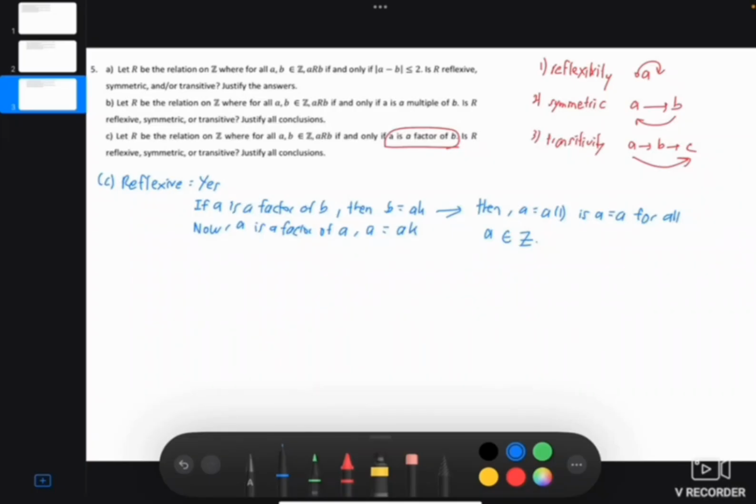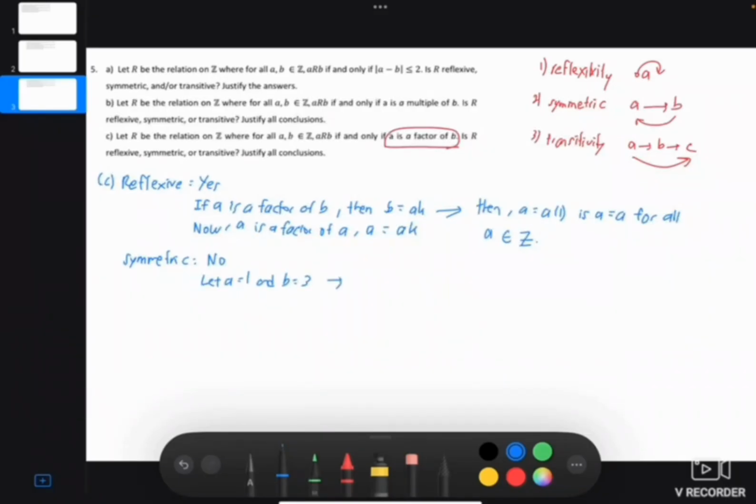Now let's check if our relation R is symmetric or not. We can state that our relation R is not symmetric in this question, and we can prove it by assuming that A equals 1 and B equals 3.